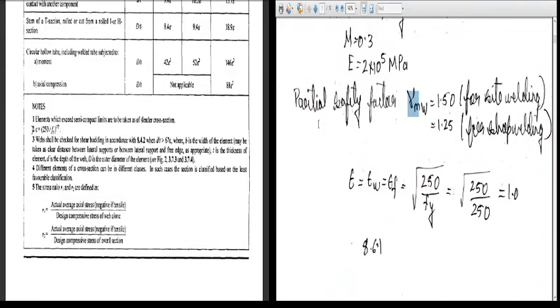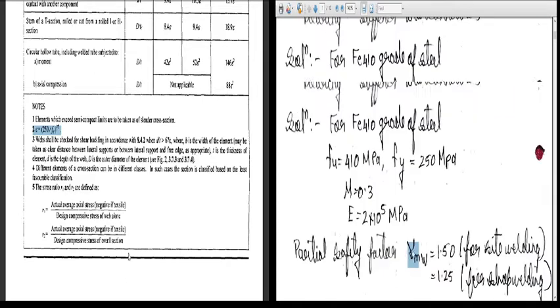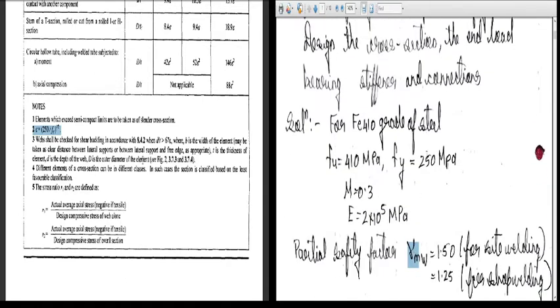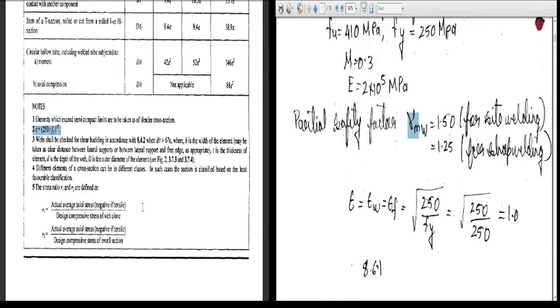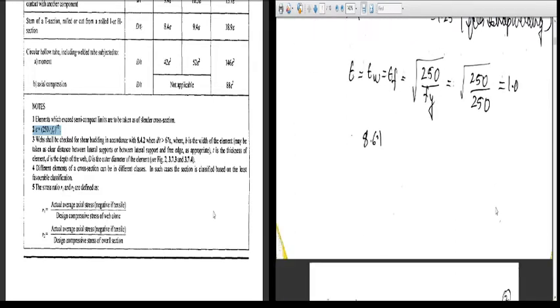If you refer to note number 2, you can see epsilon is equal to 250 divided by fy, the whole raised to half. The meaning of this is root of 250 divided by fy. Now in our numerical fy is 250 MPa. Remember, all the structural steel will always have fy of 250 MPa. So 250 divided by 250 is 1. So this is how we get epsilon w. So this is the given data.